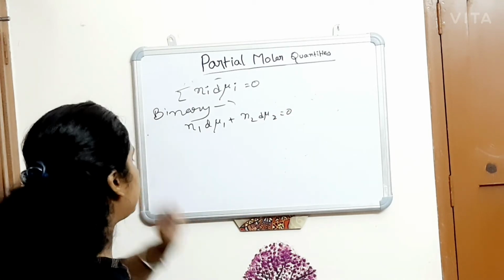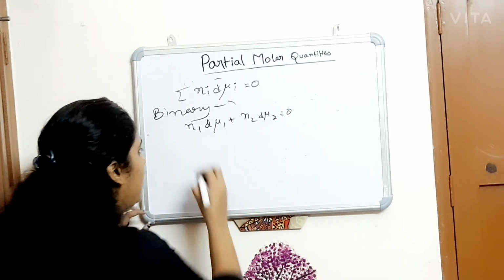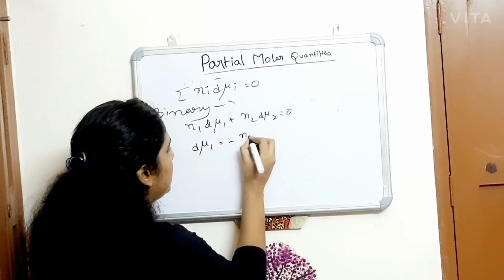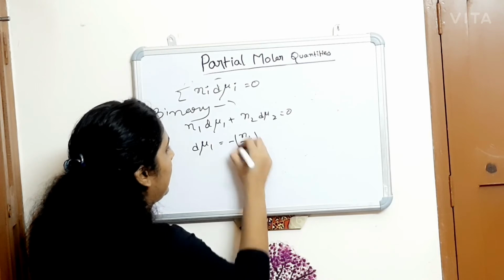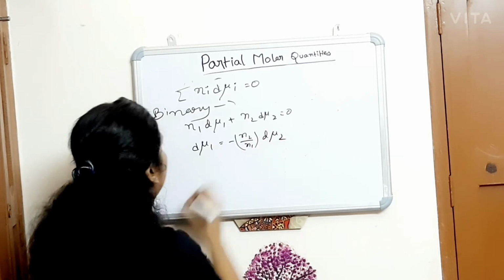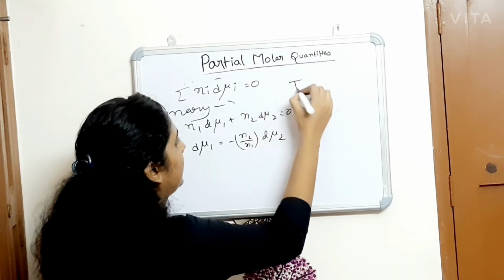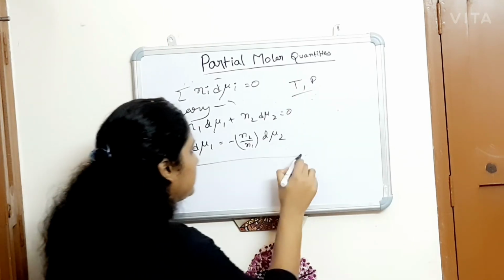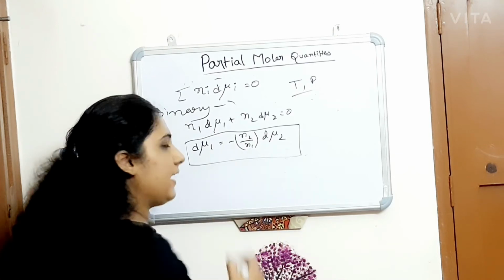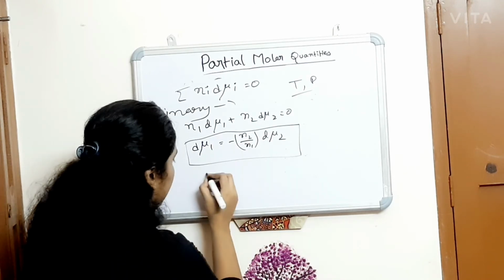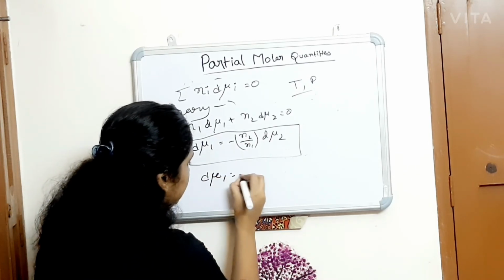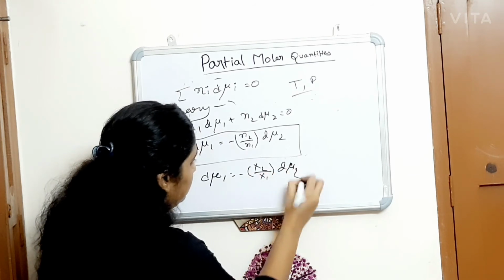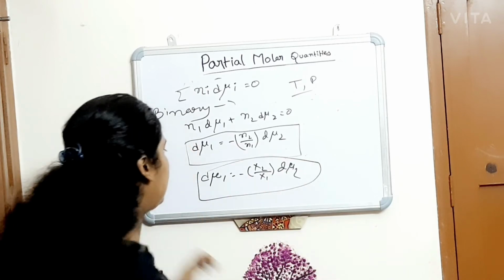You can write d mu 1 equal to minus n2 by n1 times d mu 2, at constant T and P. In terms of mole fractions, you can also write d mu 1 equal to minus x2 by x1 times d mu 2.